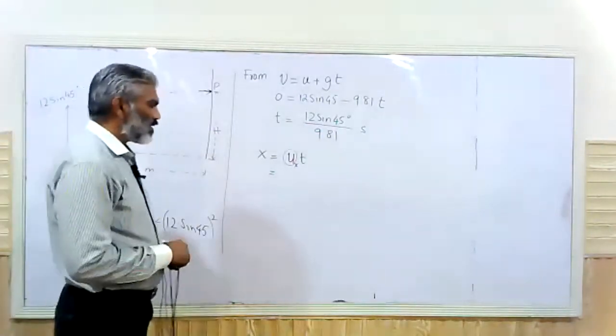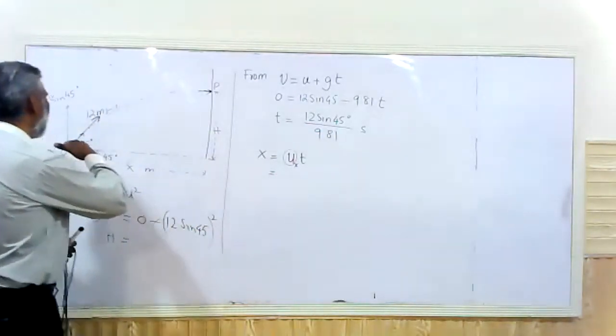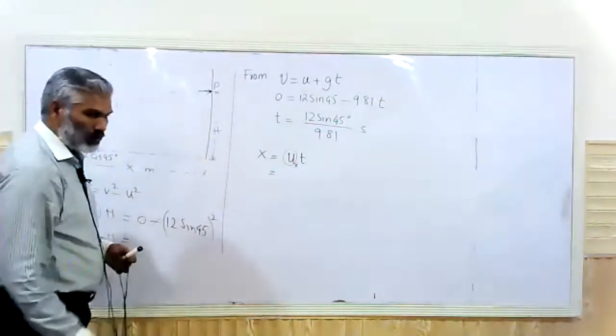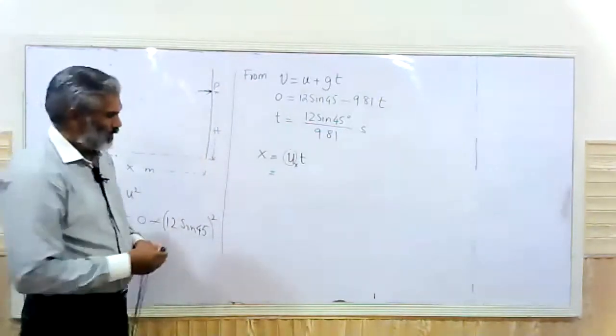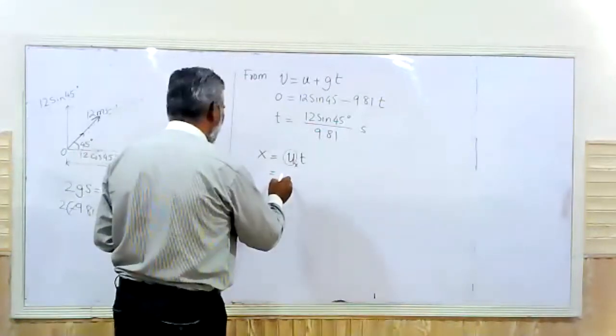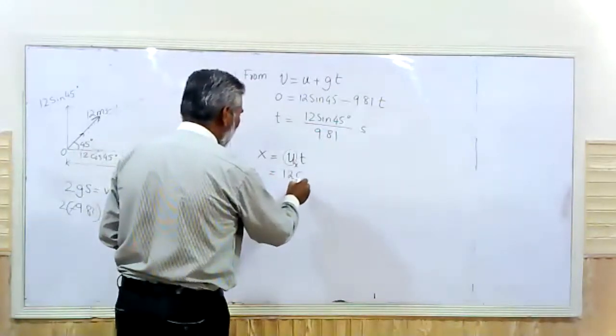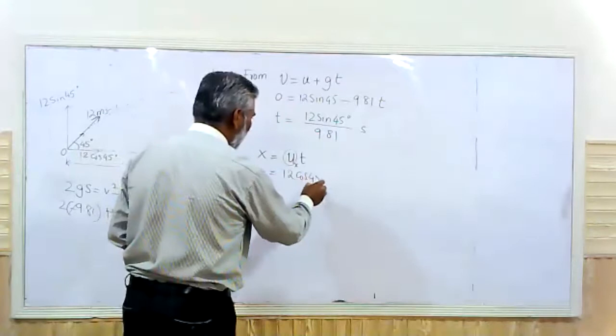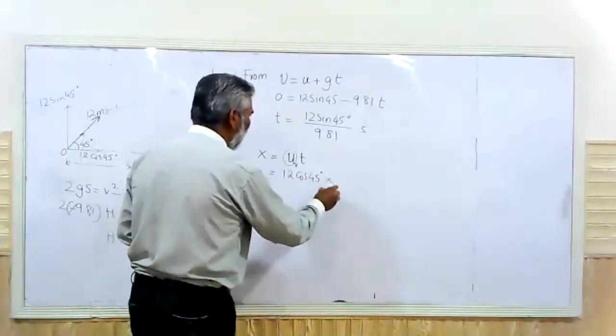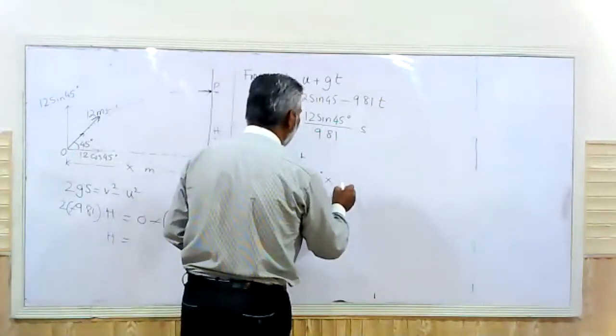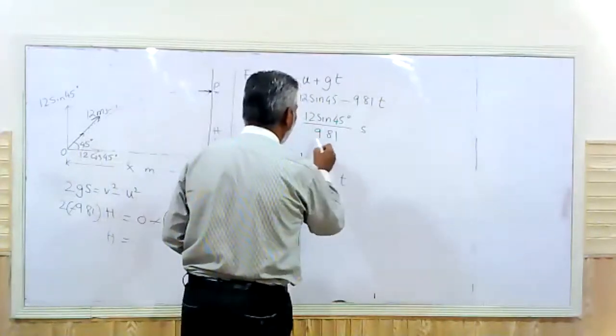So ux remains ux at all subsequent positions on its trajectory. So ux is 12 cos of 45 degrees multiplied by this time that you have calculated here.